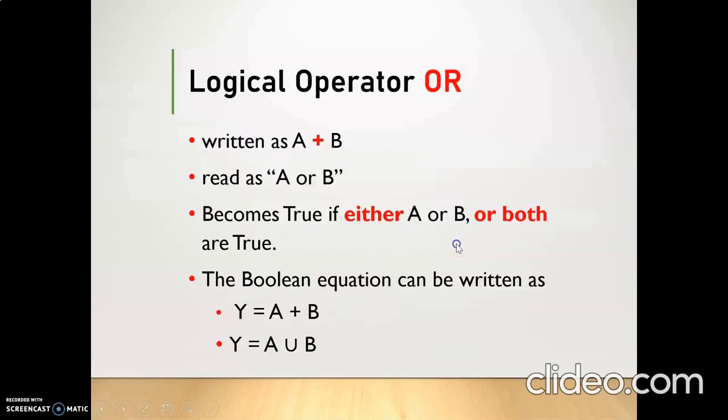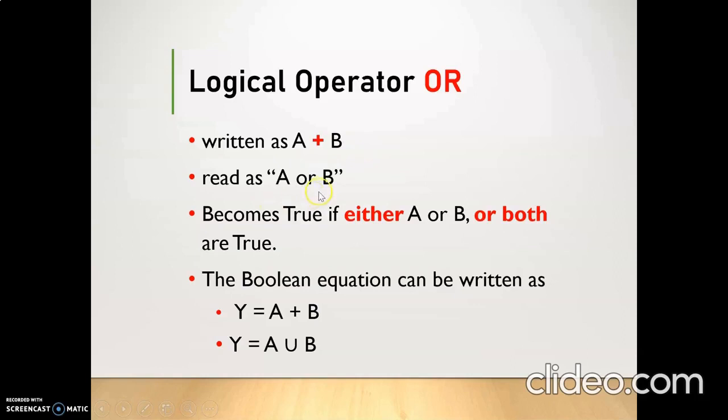That's for operator AND. This is operator OR. OR means either one. So if we have variables A and B, and we want to OR it, A or B is going to be written as A plus B, and it's going to be read as A or B. It's not going to be added like mathematics.